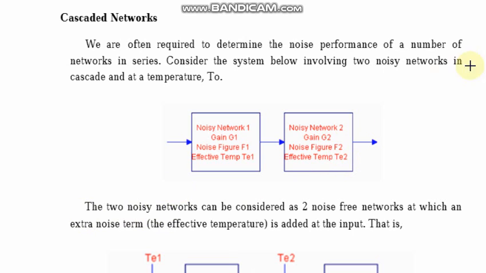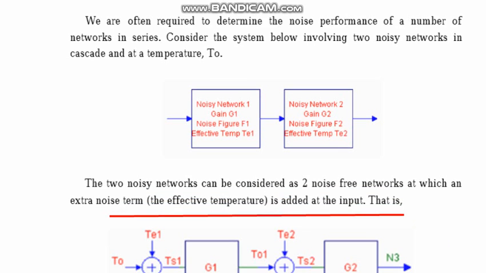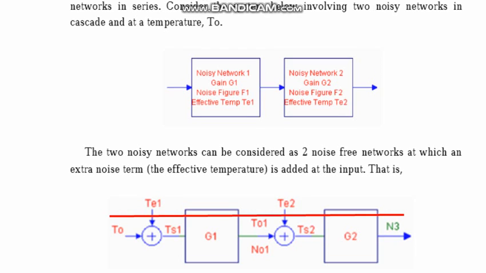The two noisy networks can be considered as two noise-free networks. Noise-free networks means when TE is not considered.